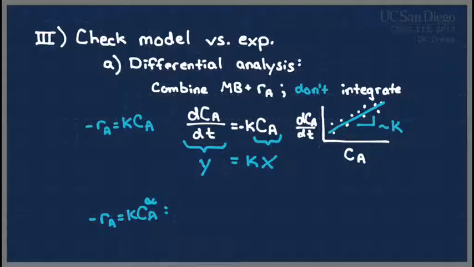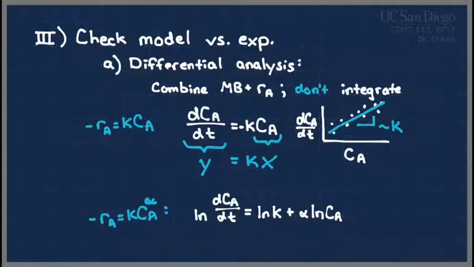So, for example, if I were to take the log of both sides of that expression, I would have something like log of dCA/dt equal to the log of k plus alpha times log CA.